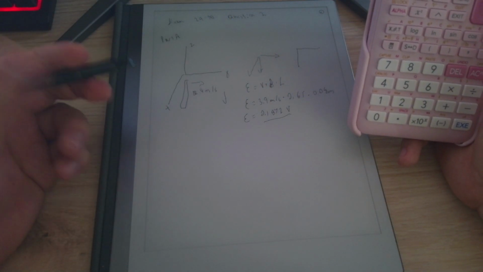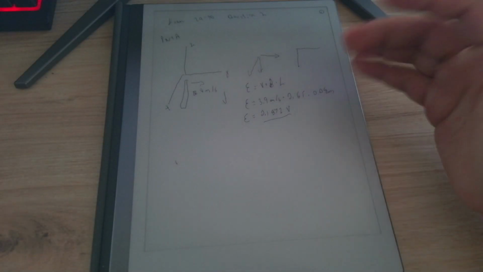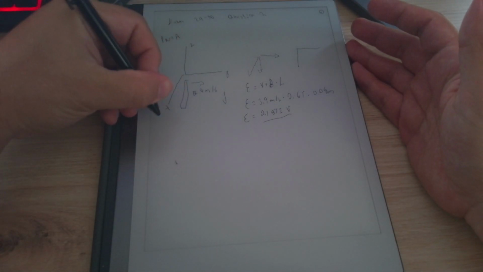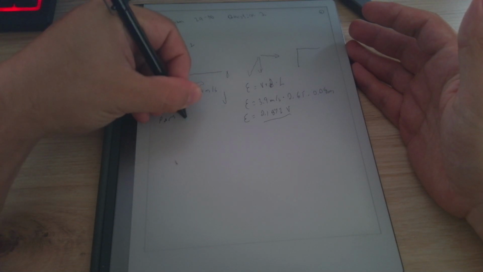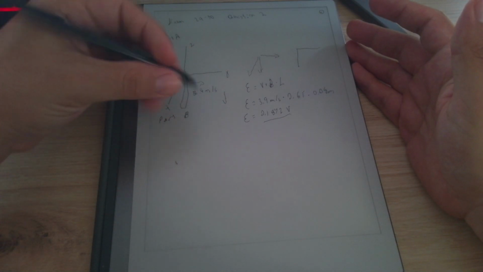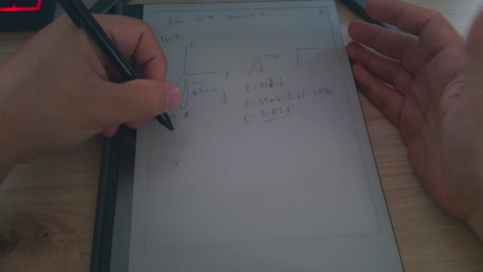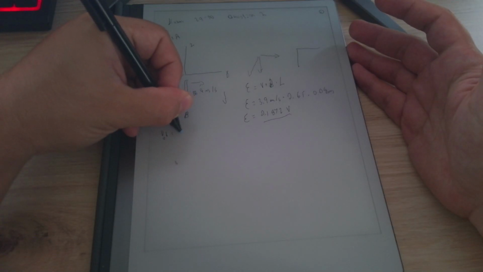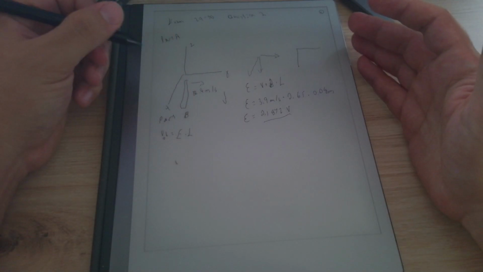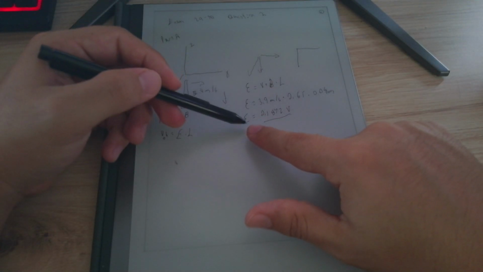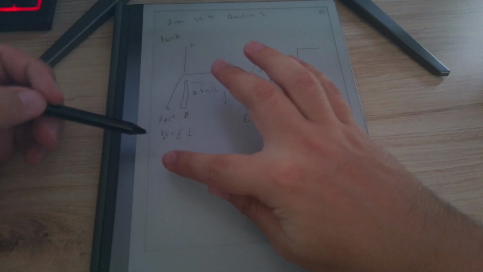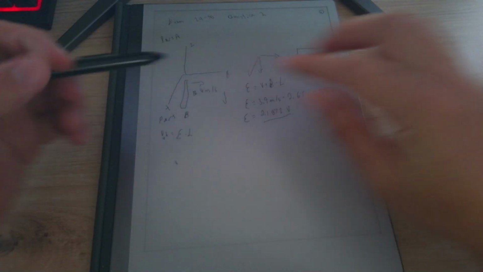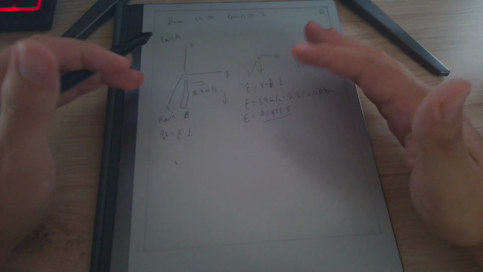Then it's asking us, what is the electric field produced in the rod for part B? Now, we know that the potential difference from A to B is equal to the electric field multiplied by the length. But electromotive force is also equal to our potential difference, since they're interchangeable.